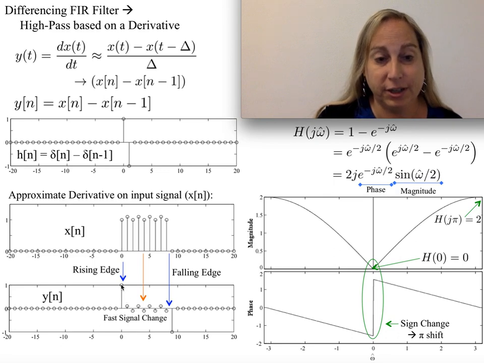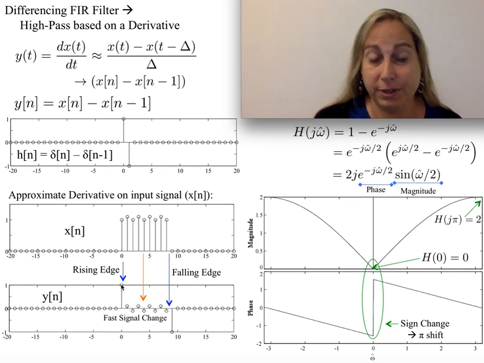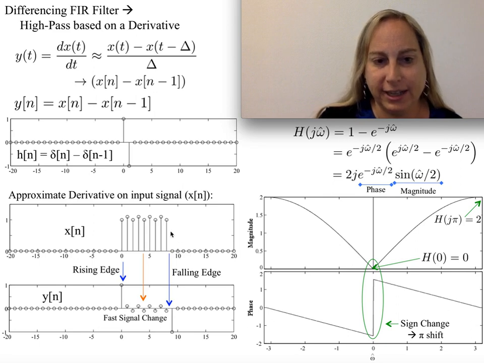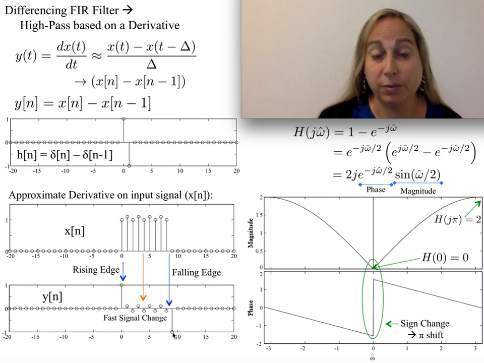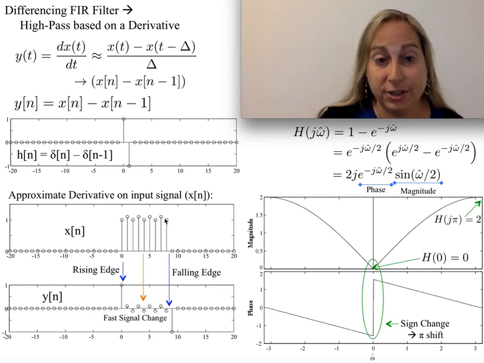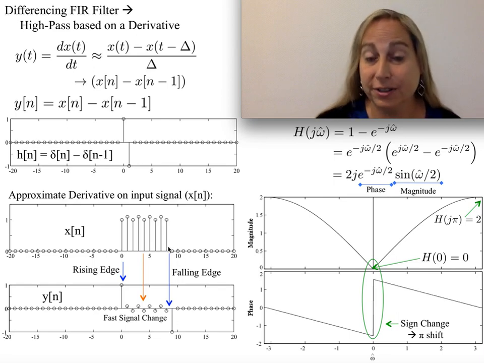I see an initial jump of 1 up. So I see this rising edge get brought through, and the size of it is 1, which is no surprise given what the impulse response is. But then, interestingly enough, it looks like there's pretty much nothing there until I get to the end, and then it drops, and it has a minus 1, which is basically giving me an indication that there's a falling edge. Ah, right, there is a major change there. I would expect to see that.